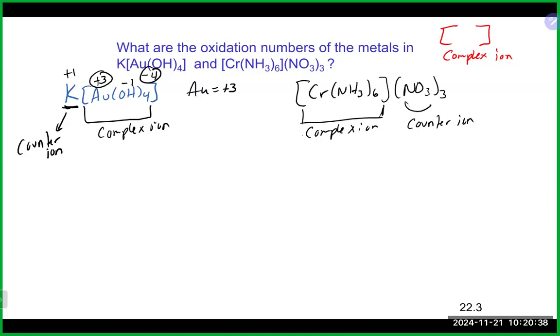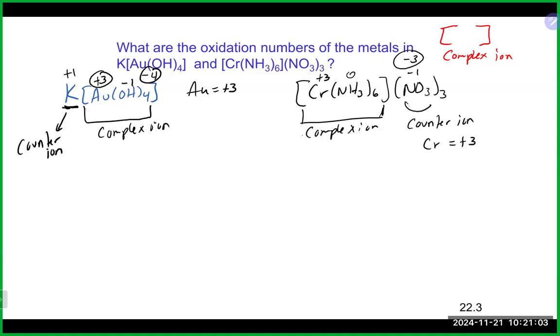And we could do the same thing. Ammonia is no charge, not ammonium. That's NO3, which is nitrate. That's -1, and there's 3 of them, gives you a -3. That means here our chromium will be going with a +3 oxidation state. First off, any questions on that there?